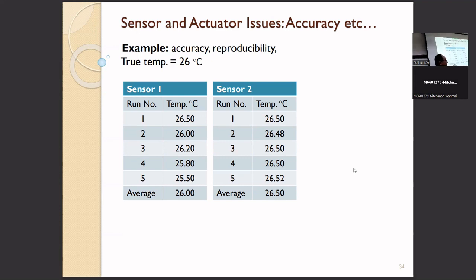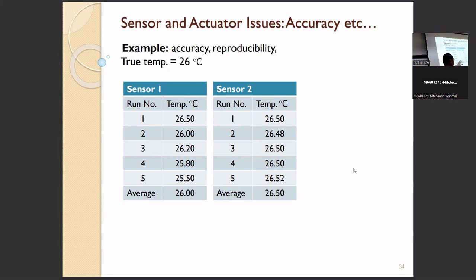But sensor 1 is 26. Because in the experiment we need the average, because you cannot do it only once. The average is 26, which is correct. It's accurate. But this accuracy has low precision. Because you measure 5 times, you get a spread. It's quite different: 26.5, 26.2, 25.8, 25.5, a very wide spread.